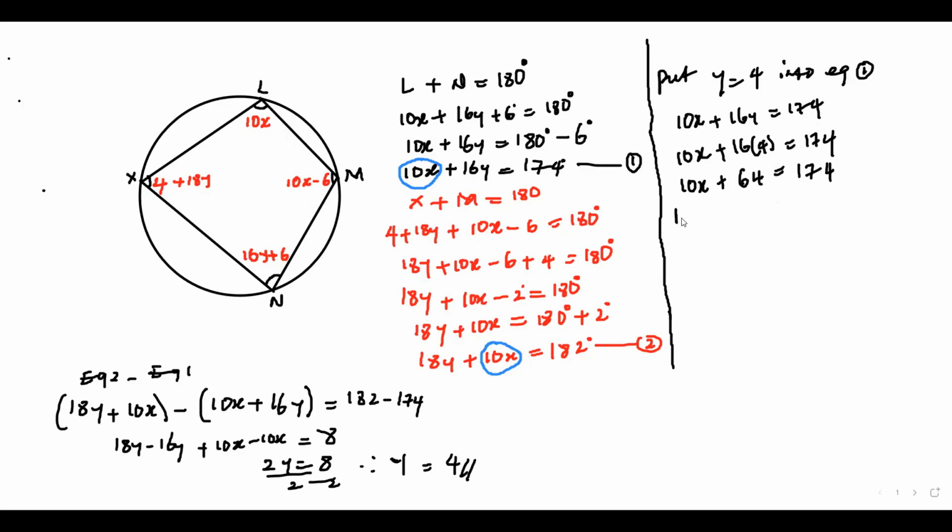Nice. So we have our 10x to be equal to, if you collect like terms, 174 minus 64.